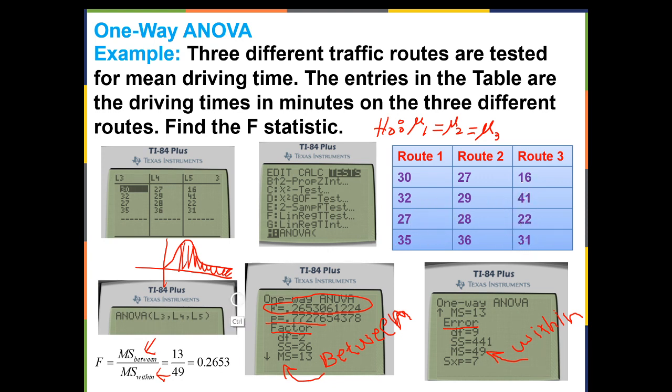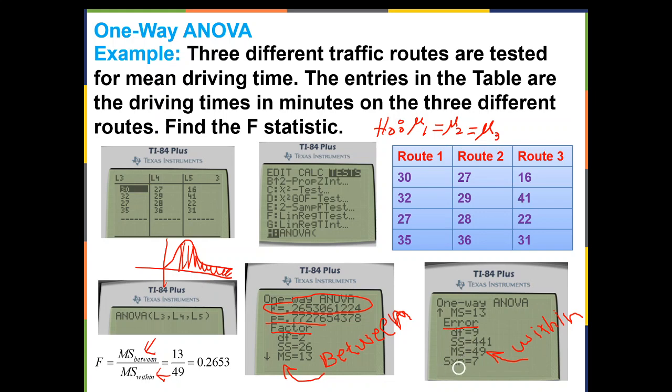So we get 2. So that's the 2 right there. And for error, we have 12 total items, and we have 3 groups. So 12 minus 3 is 9. All right, so that means the calculator basically does everything for you, okay?